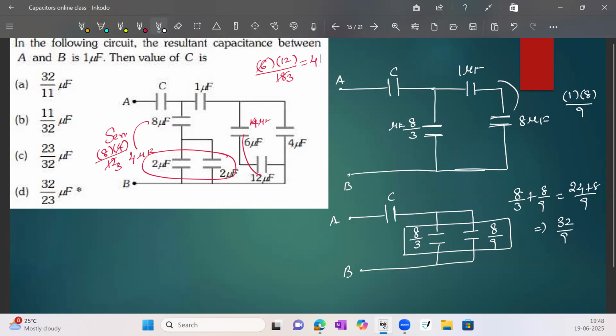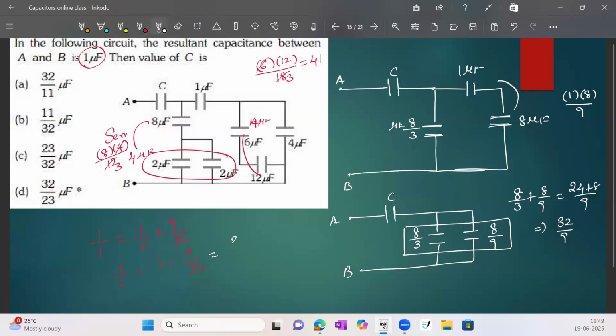Now this is connected to this in series, but it is given as 1 microfarad. Means 1 by 1 equals 1 by C plus 32 by 9. So 1 by C we want. It becomes 1 minus 9 by 32.